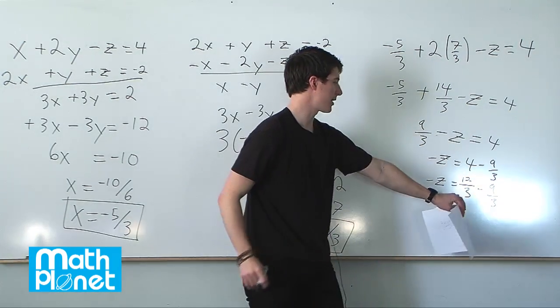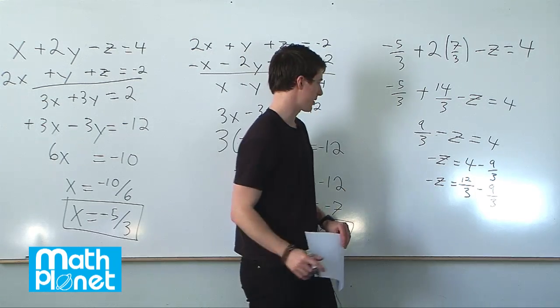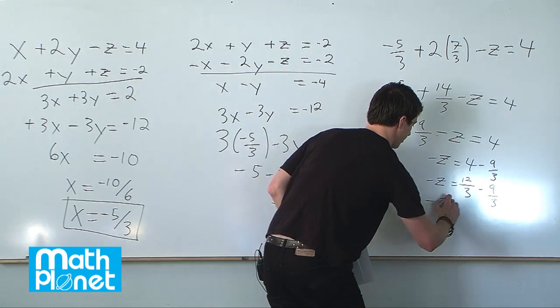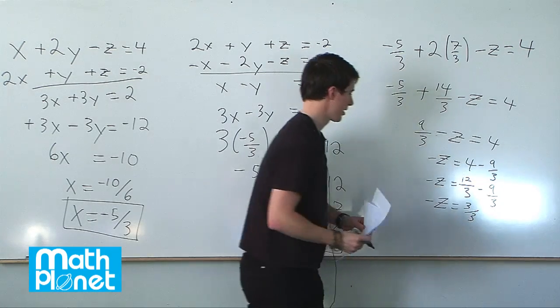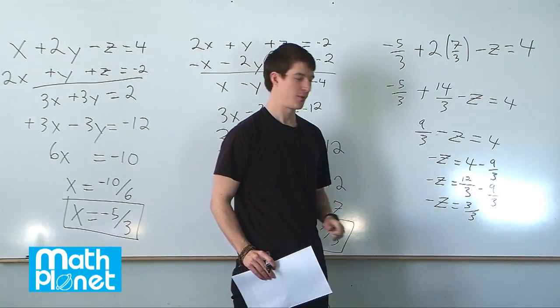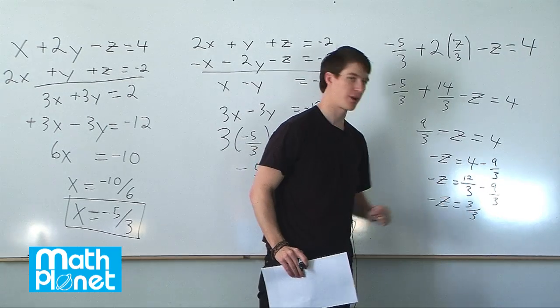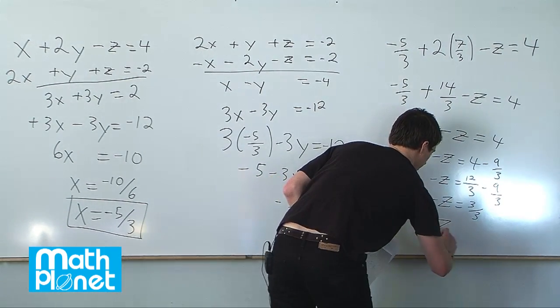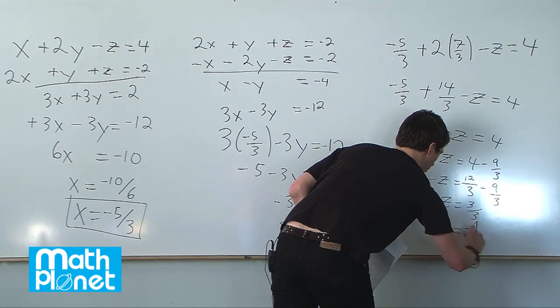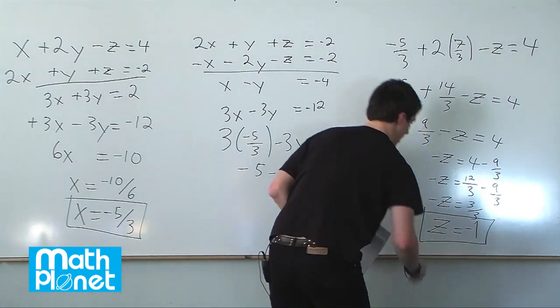So now we have common denominators. We can subtract 12 minus 9 is just 3. Negative z equals 3 over 3. So we have one more step. We have a negative here. We have 3 over 3, which is just 1. So we multiply through by a negative, and we just have z equals negative 1. And that's our final answer.